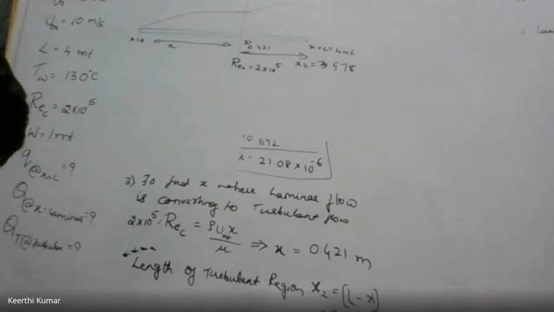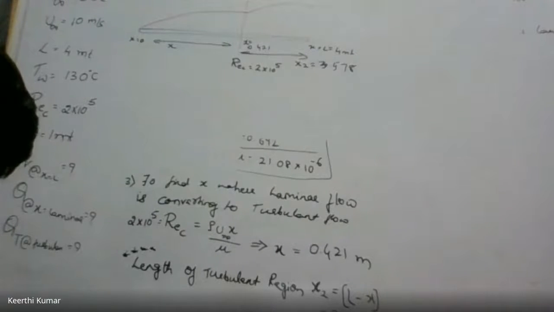Hello? Nilesh? Yes, sir. What's wrong there? So I think kinematic viscosity is 21.0. Just I'll check. Wait. Just a minute. I'll check. I'm checking. So mu is absolute viscosity, and another one is kinematic viscosity.